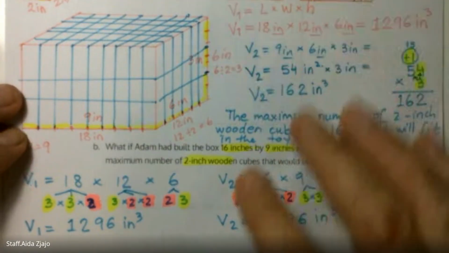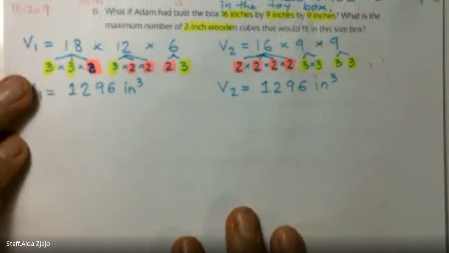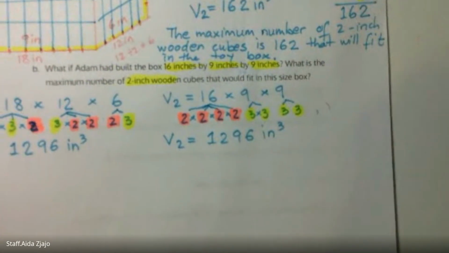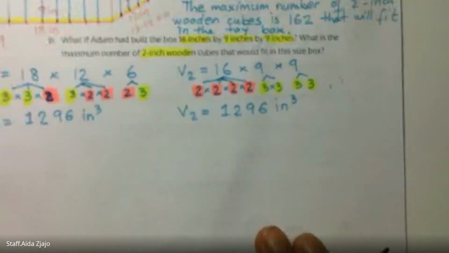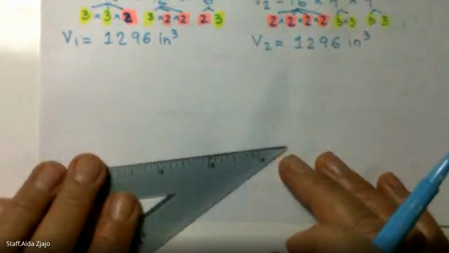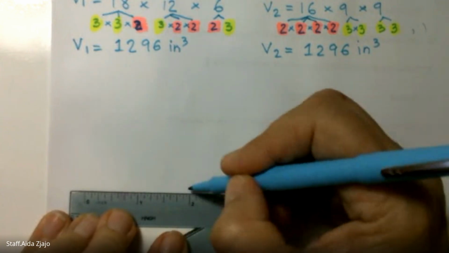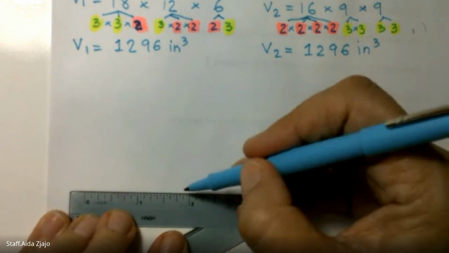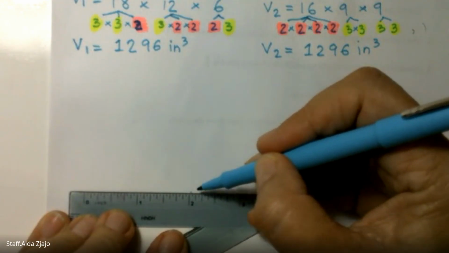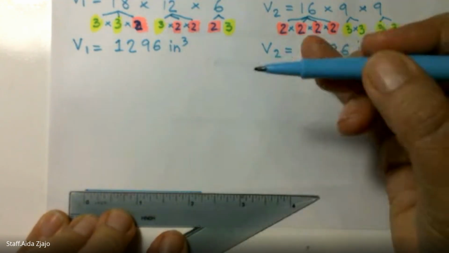So when we think about the new picture of the different box that Adam built, we can see that this was 16. Okay, let's do the 16.